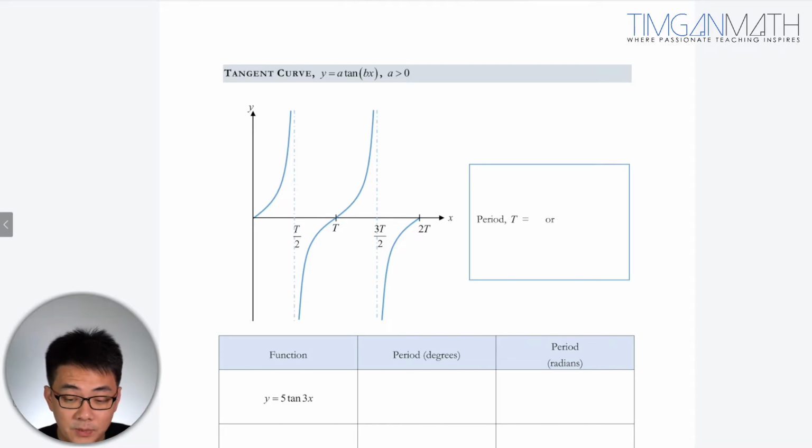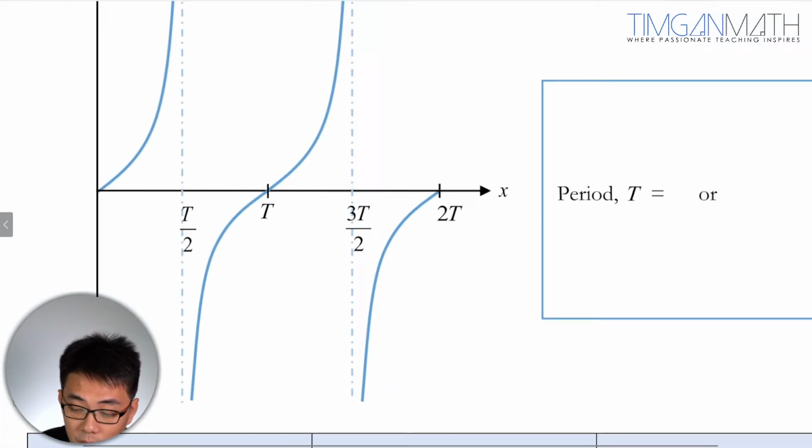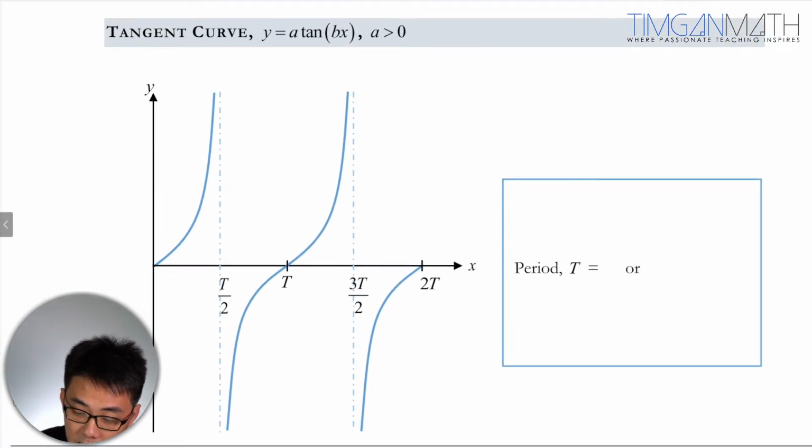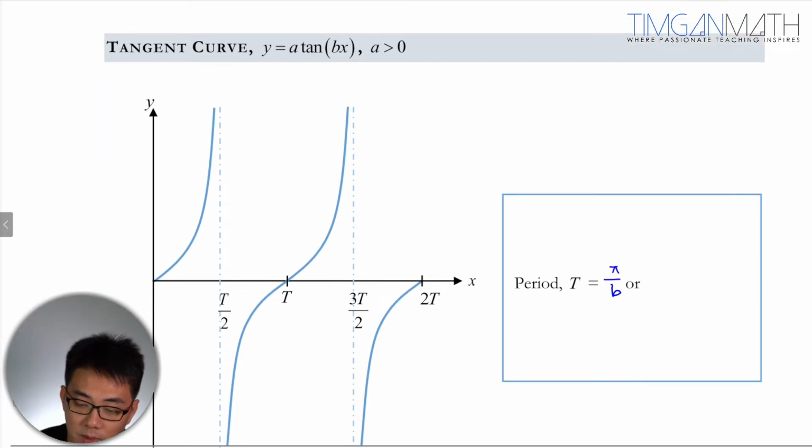So in this case here, the period would just be basically pi over b, right? So pi over b here, instead of 2 pi over b as compared to the sine and cosine, and this will be 180 degrees over b. Okay, for tangent it is pi over b or 180 over b.